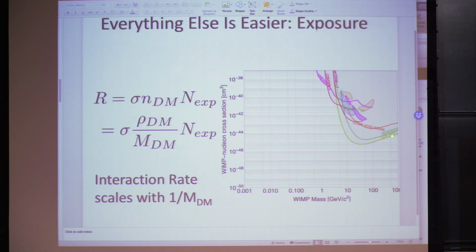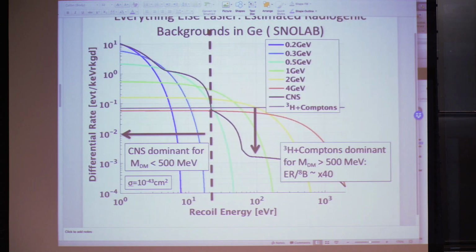And you actually see that in this plot right here of all of our dark matter limits from, let's say, LZ and others. They have this 1 over m dependence, as long as you're still sensitive to all of the interactions. So as we go lower, it gets easier for us to see things, for a given size experiment. So that's awesome.